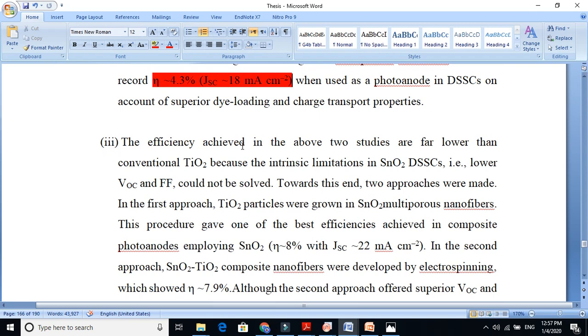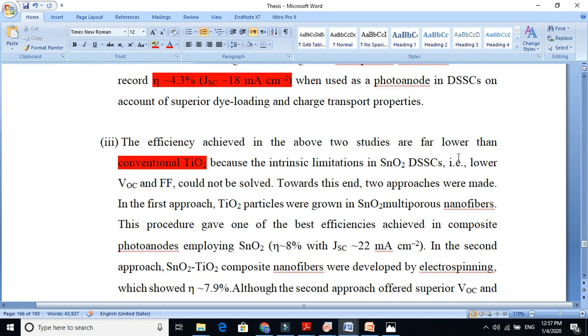The efficiency achieved in the above 2 studies is far lower than the conventional titania. Titania is the successful material people use in dye-sensitized solar cells. But why I chose tin oxide, that is another story I explained in my first chapter. In chapter 4 and chapter 5, in the above 2 studies, our efficiency was far lower.